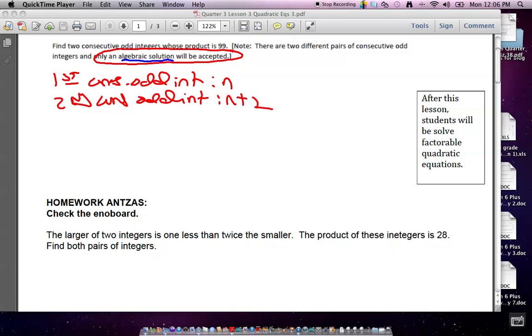Now, just as an interesting sidelight, and I will tell this story many times before the end of the year because it's important for your testing ability. The first year I taught, back then it was called Math B. It's the equivalent of Algebra 2 Trig. And it was a high school level class, and there was one that said only an algebraic solution is accepted.